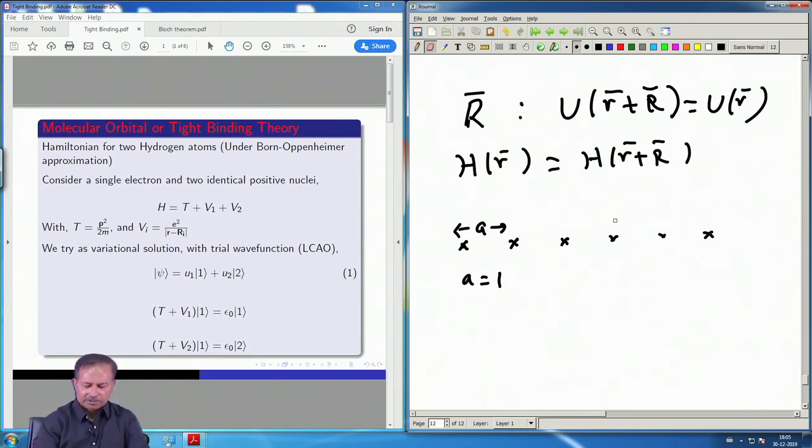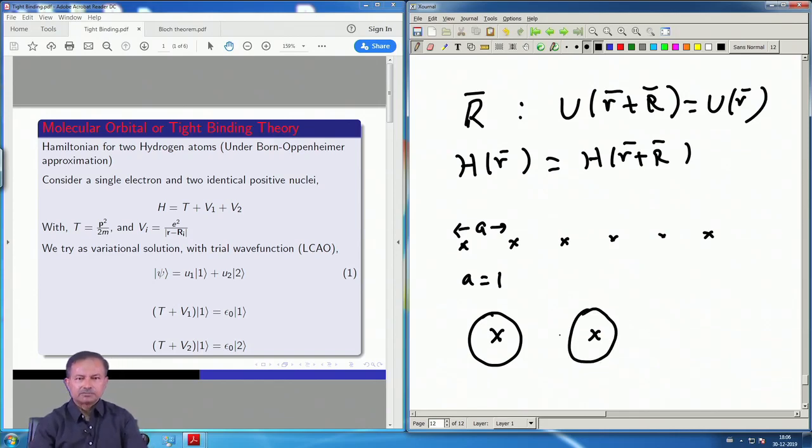Okay. So, remember that example we did for 2 atoms, just for 2 atoms, with an orbital around each, 2 hydrogen atoms for example. We obtained an equation which is H. So, we took a trial wave function.